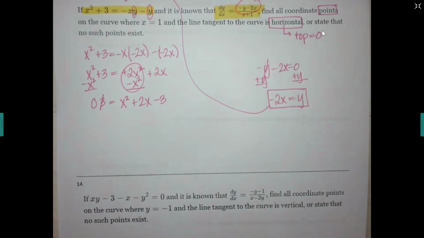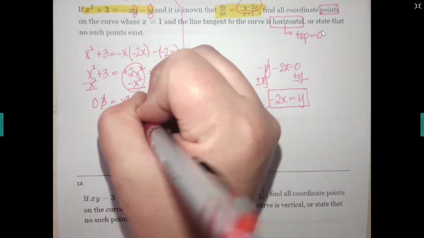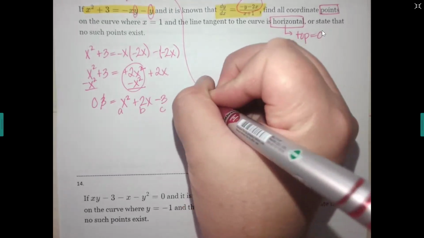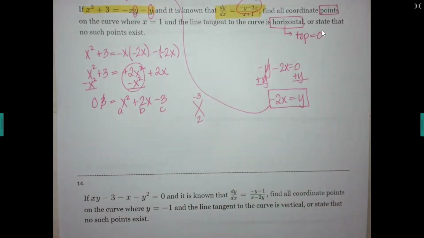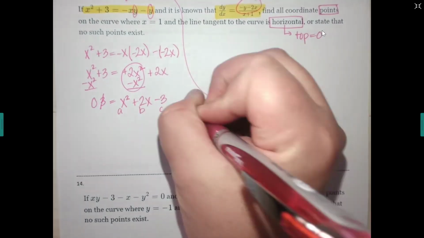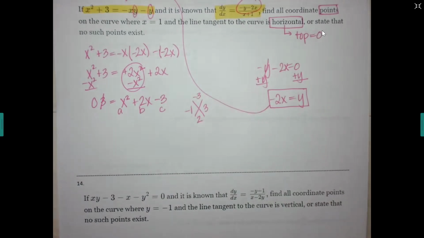So from there, ABC, we are looking for numbers that will multiply to negative 3 and subtract to positive 2. So the only combo that will times to 3 is 1 times 3. And I'm going to put the minus on the smaller side so that my 2 at the bottom can stay positive.